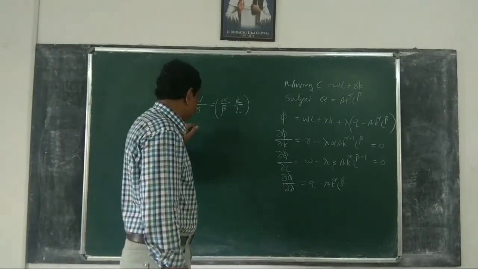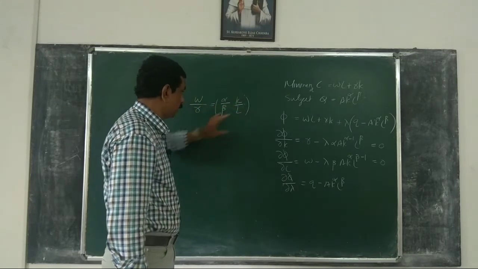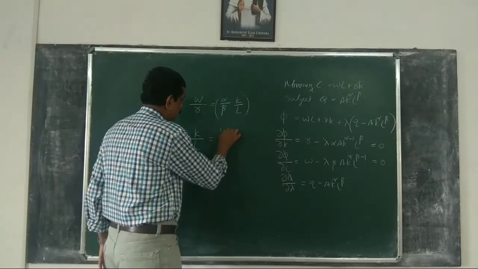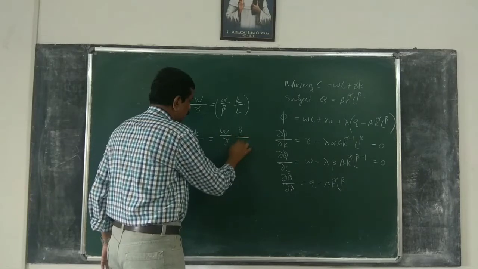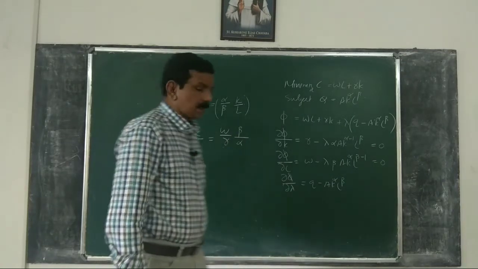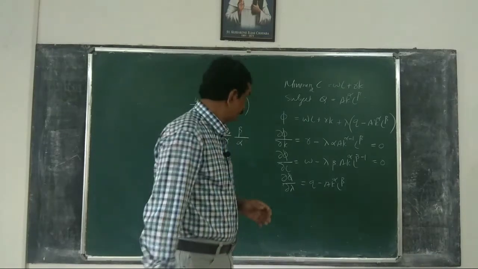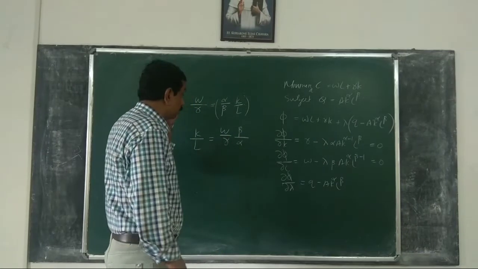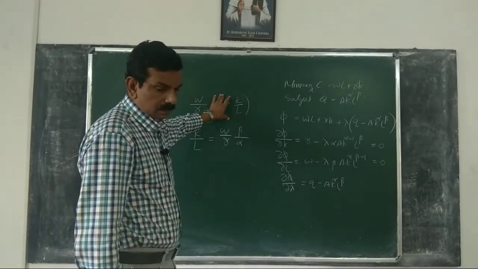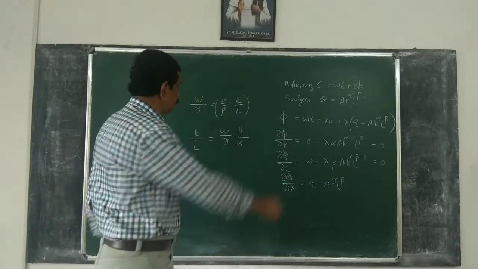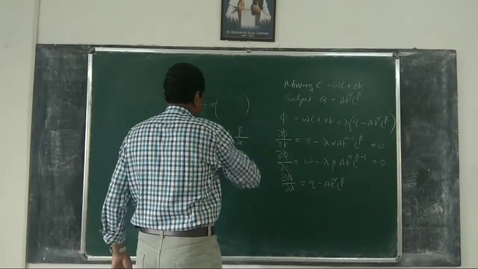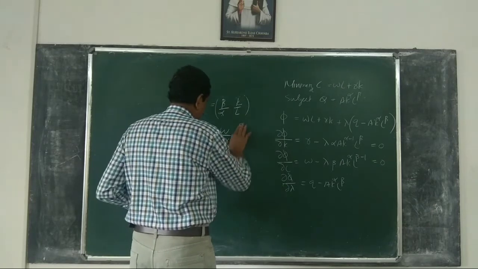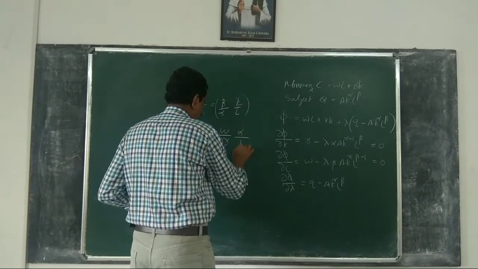W by R is equal to beta by alpha into K by L, or K by L is equal to W by R into alpha by beta.